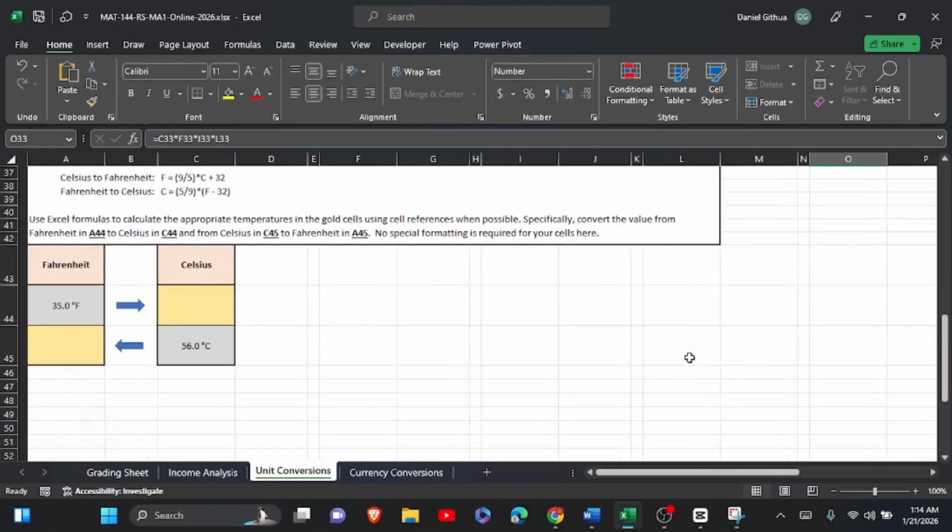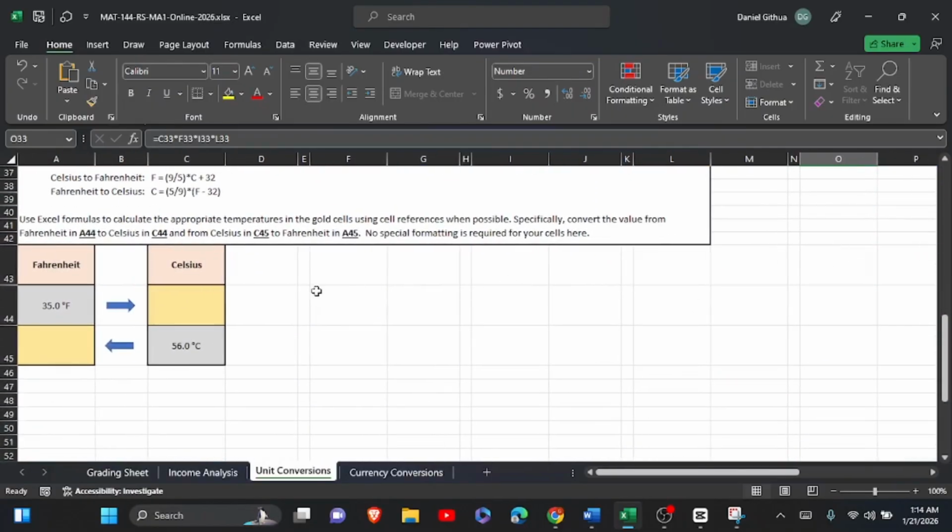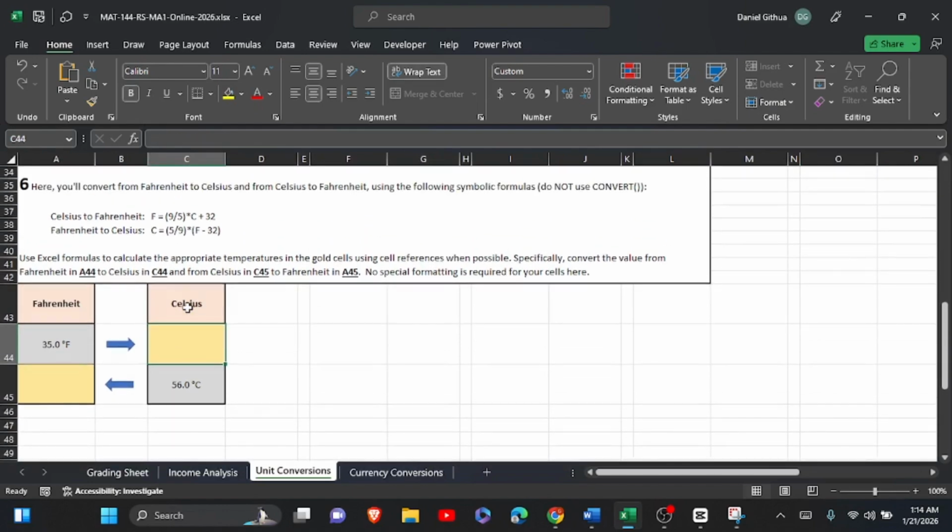The next question is converting from Fahrenheit to Celsius and then from Celsius to Fahrenheit. The first one is to convert from Fahrenheit to Celsius. The final product we want is Celsius, and we use this second formula here.